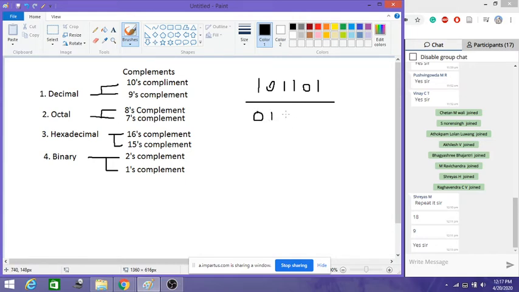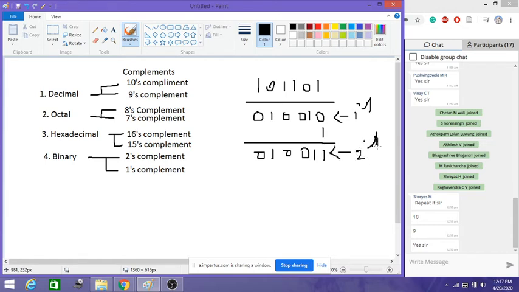So this is 0, 1, 0, 0, 1, 0. So this is your 1's complement answer. If you want to convert this to 2's complement, you add 1 to the least significant digit. So 0, 1, 0, 0, 1, 1. So this is the 2's complement answer. Fine. So hope you have understood.